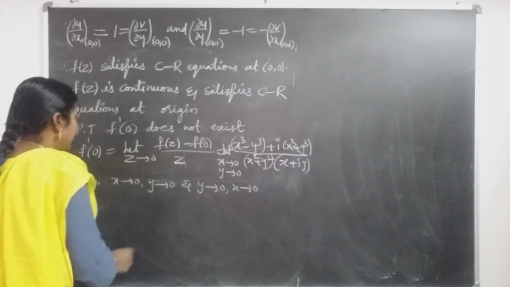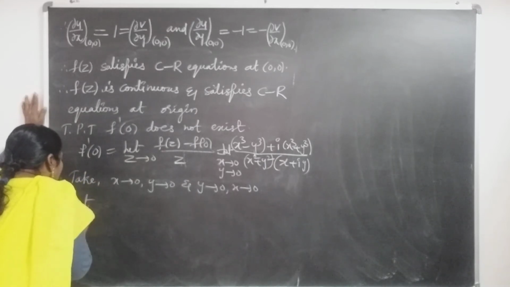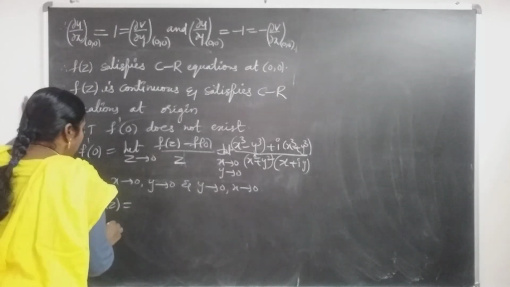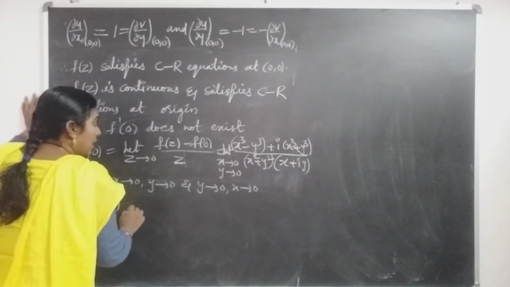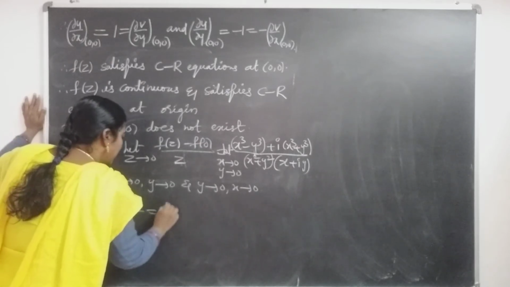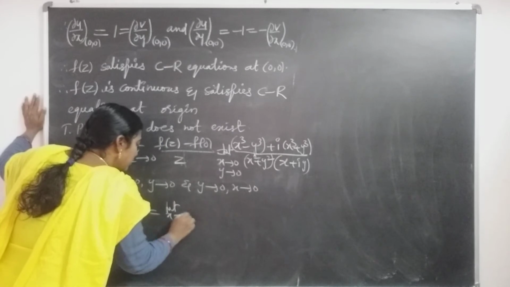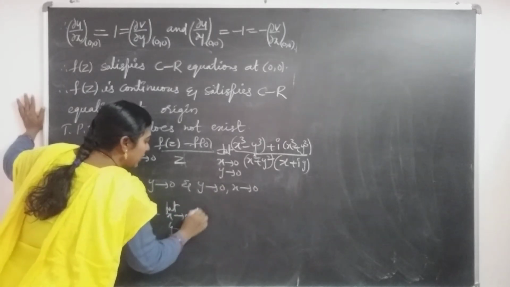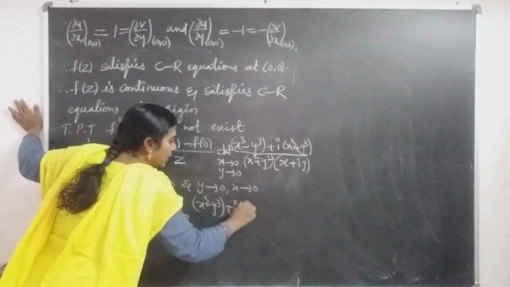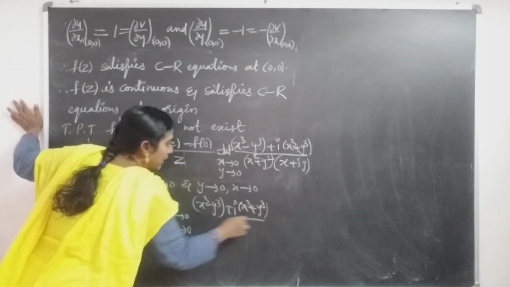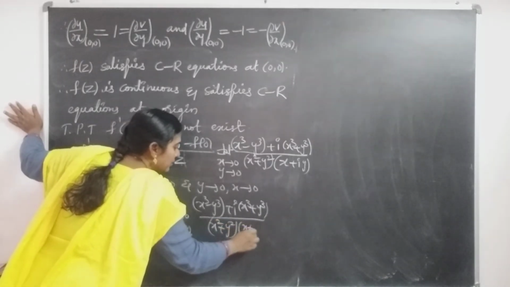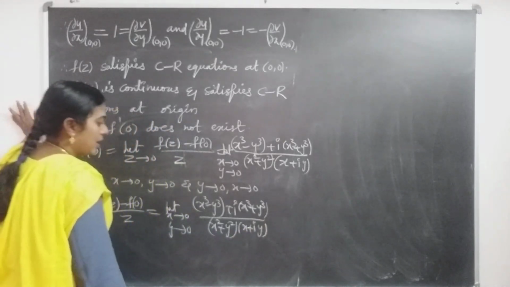In these two cases, limit z tends to 0 of (f of z minus f of 0) by z is equal to limit x tends to 0, y tends to 0, where f of z is (x cube minus y cube plus i into x cube plus y cube) by (x square plus y square), divided by x plus iy.